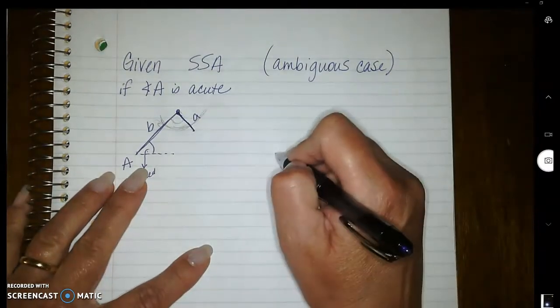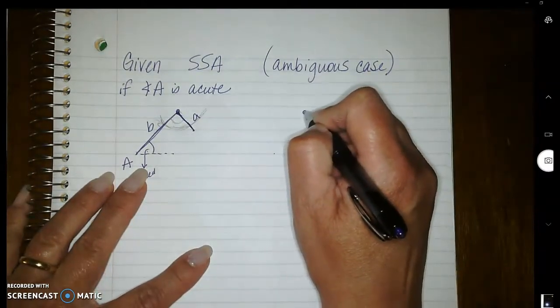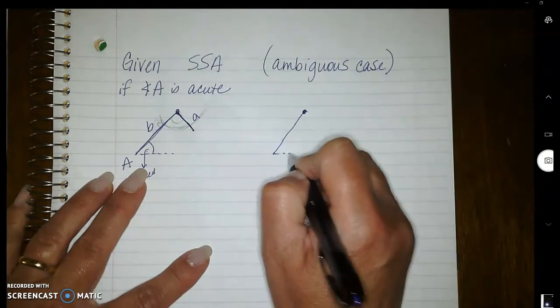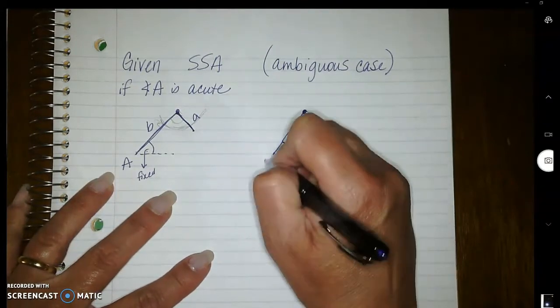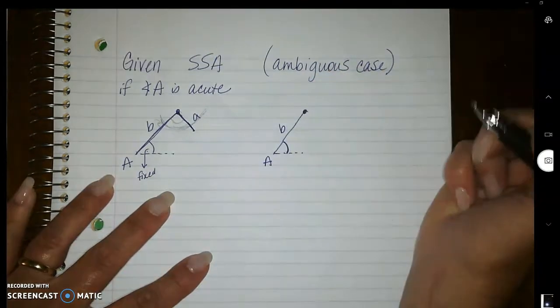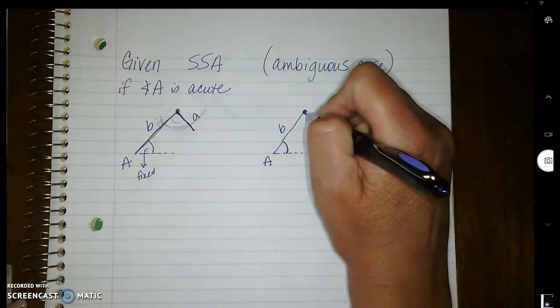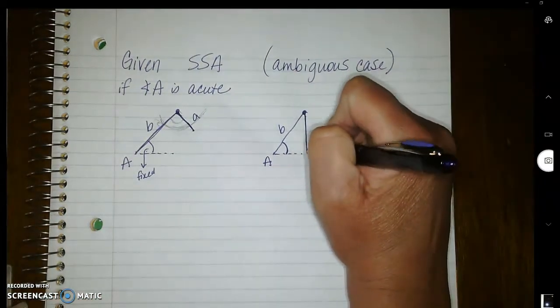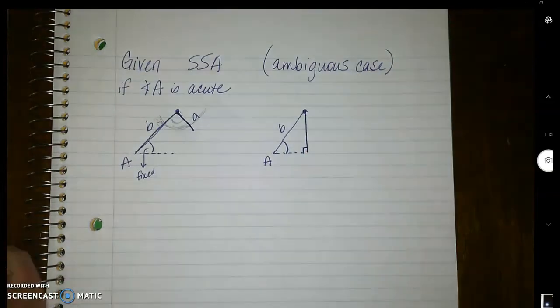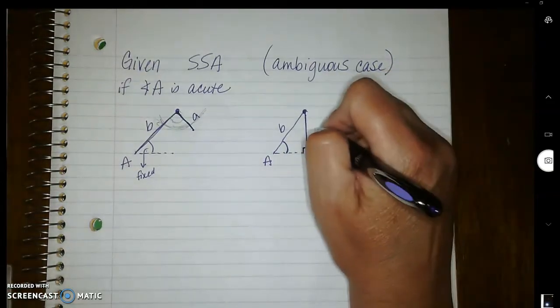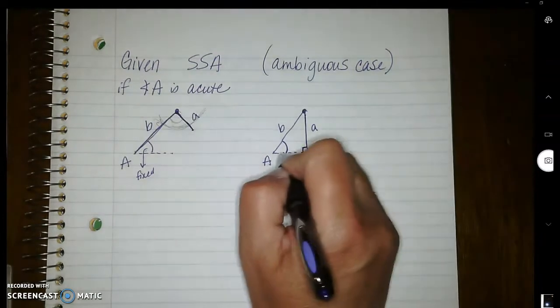What if your angle is fixed? So here's your angle A, right? Here's your angle B, but then your side A ends up being a perfect perpendicular line, okay? What does that equal?